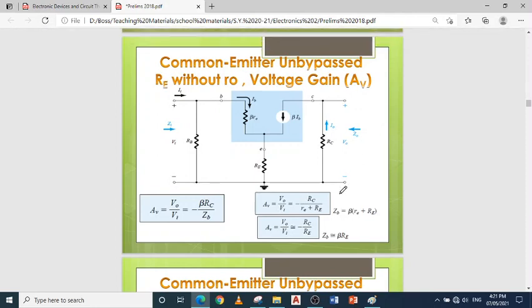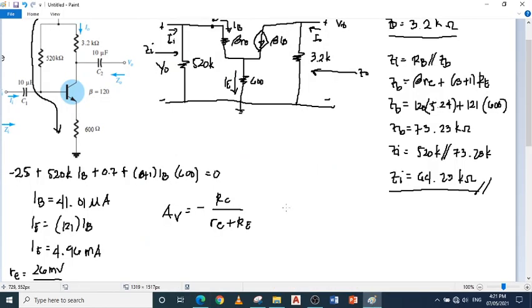So, ito yung ginamit ko, RC over re plus RE na malaki. Then, solving for it, so we have 3.2 kilo divided by re is 5.24 plus we have RE is 600.